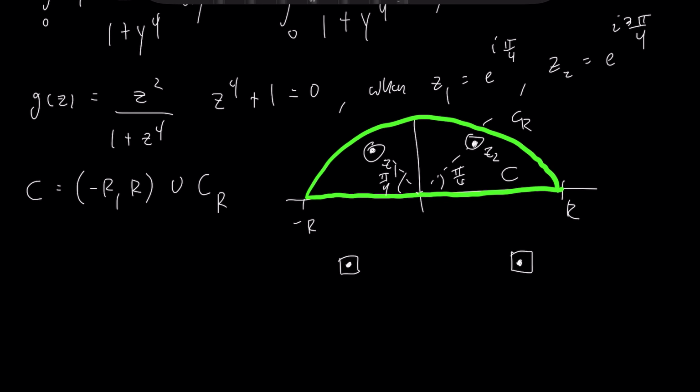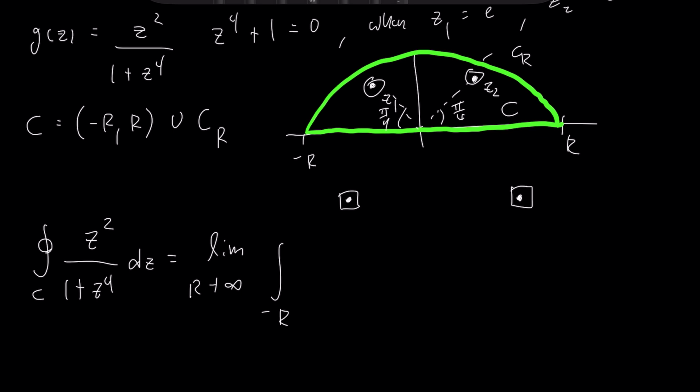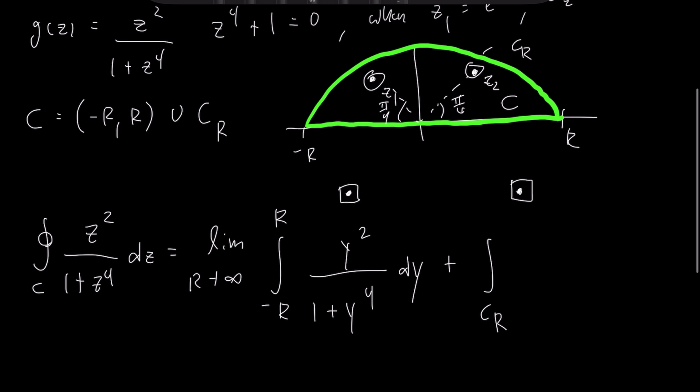So now from here we have to construct our contour integral, and it will end up being the integral along this closed contour of z squared over 1 plus z to the fourth dz is the limit as r tends to positive infinity of the integral from minus r to r of y squared over 1 plus y to the fourth dy, and then plus the integral along the semicircular arc of z squared over 1 plus z to the fourth dz.